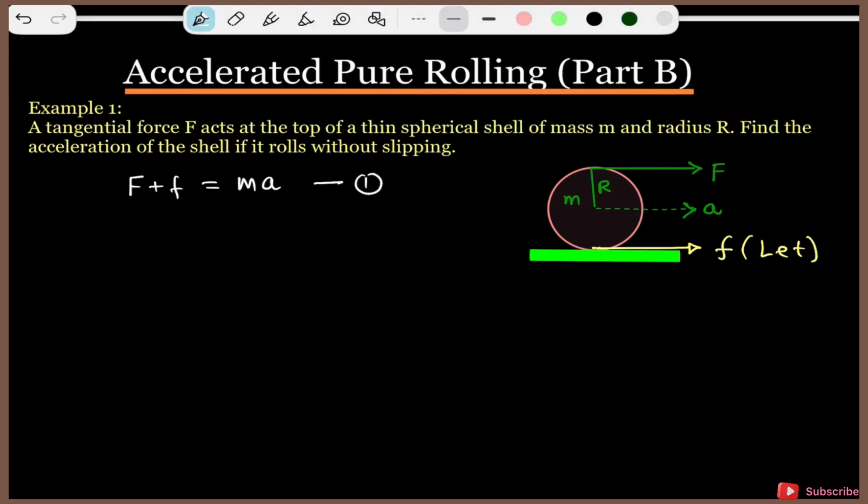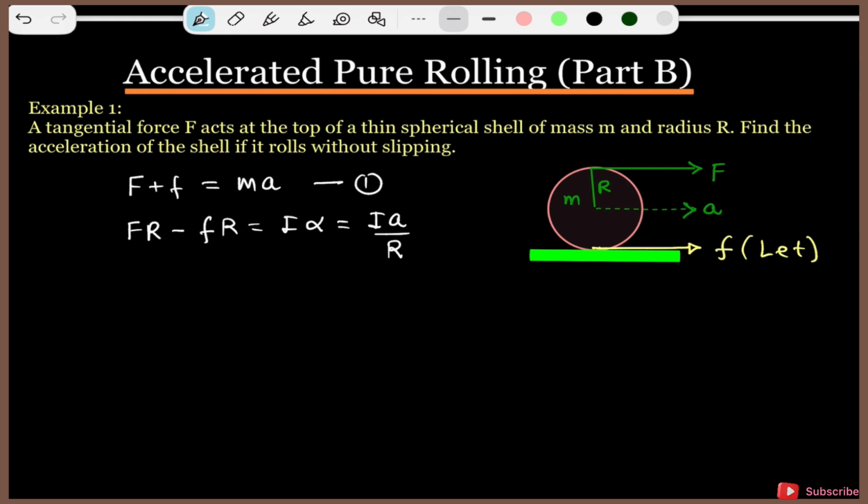So our second equation for rotational motion can be written as FR, the torque due to force, minus fR, the torque due to friction, is equal to I alpha. And alpha can be replaced by a upon R, correct? Because we know that a is equal to R alpha.